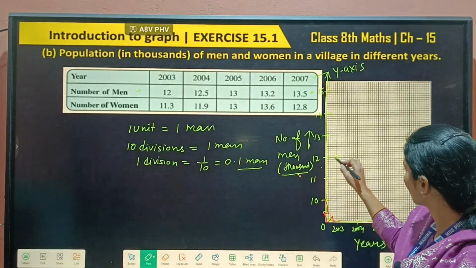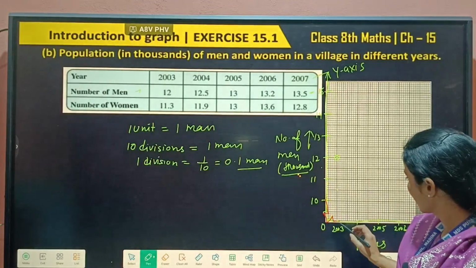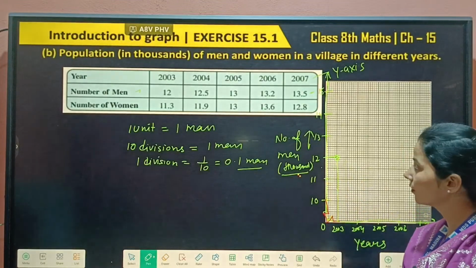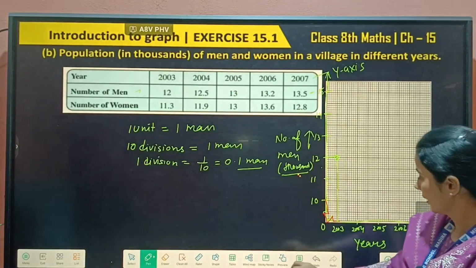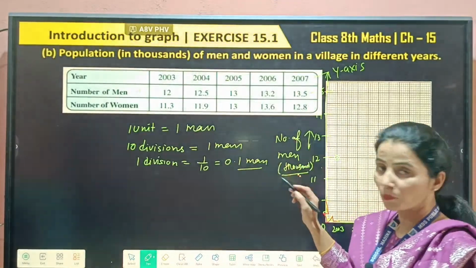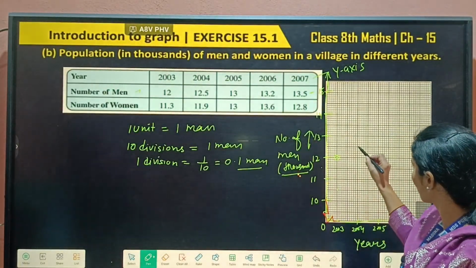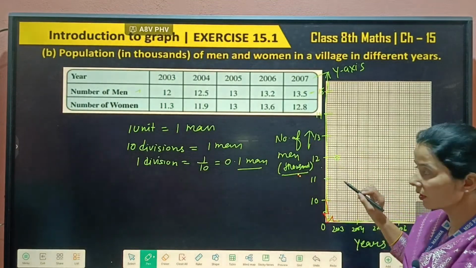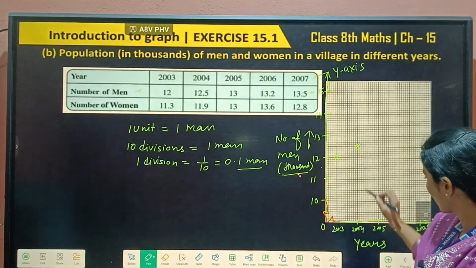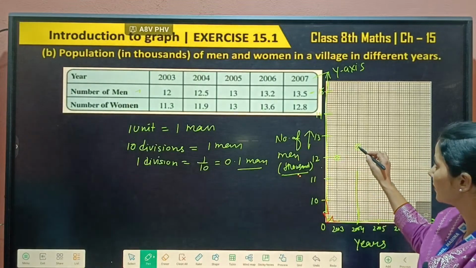Number of men is 12. So in 2003 you will see there are 12 men. Now in 2004, 12.5. In 2004 there are 12.5. So it will be exactly in between, so this point will be located on 2004 there, and it is 12.5.